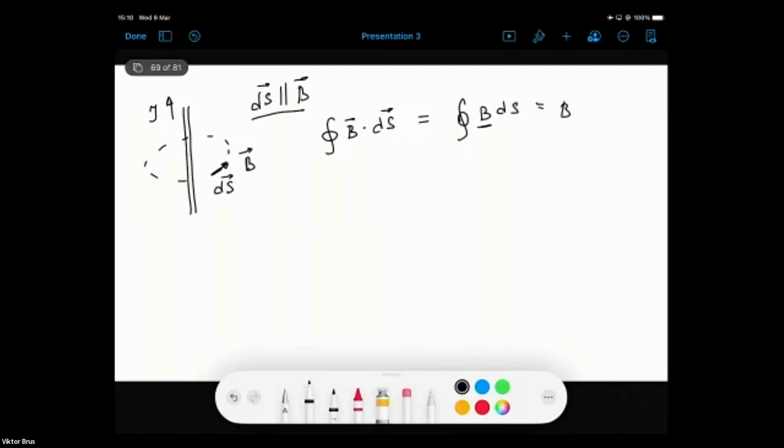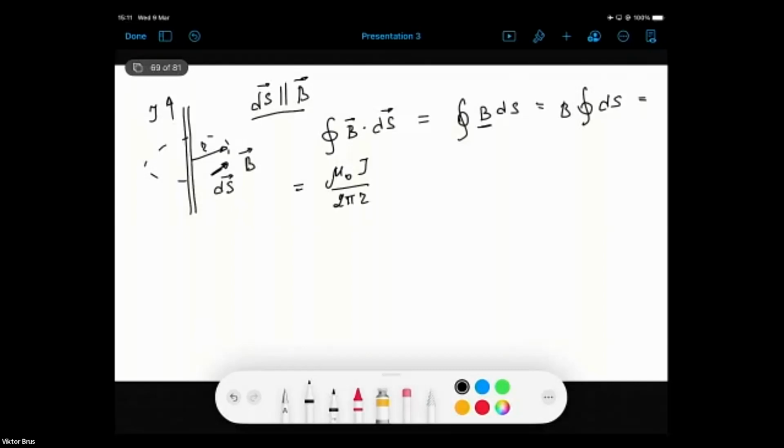That will be B times integral ds. And we know from our previous discussions what will be the magnitude of magnetic field at some distance r from a straight wire with electric current. So we can write here for magnetic field magnitude mu naught times I divided by 2 pi r.